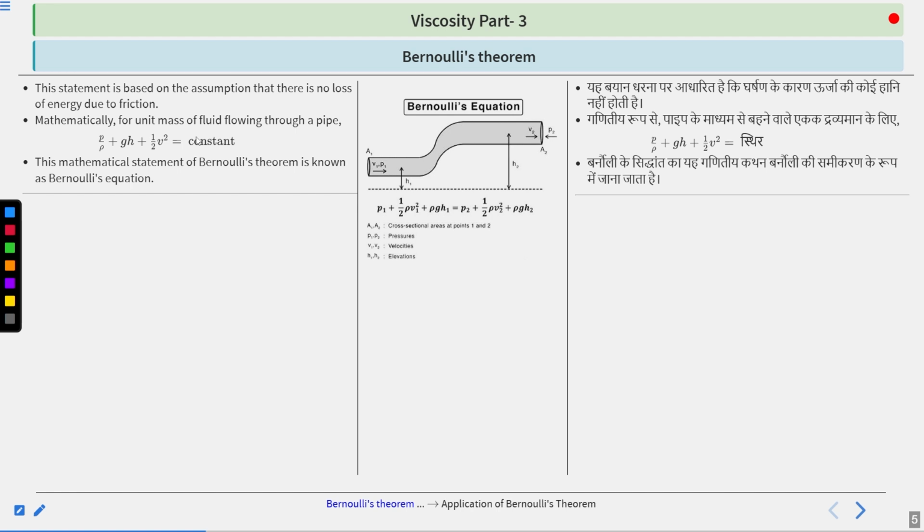So if you are ever asked what you mean by Bernoulli's equation, remember that this mathematical statement is the Bernoulli's theorem. Theoretically, we have just seen it: when the liquid is in motion, the sum of pressure energy, kinetic energy, and potential energy per unit mass crossing the cross section remains the same.